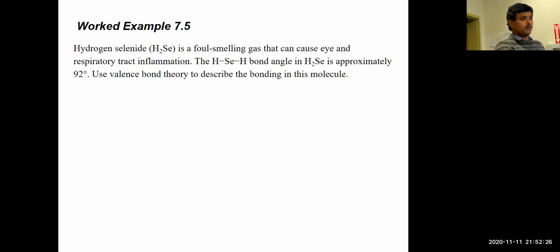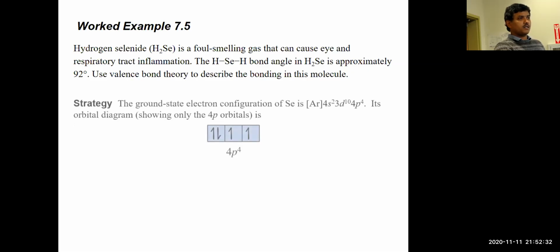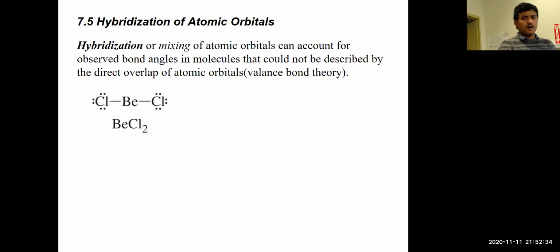In certain examples, it is not able to correctly predict the bond angle, because it just uses the orbitals from the electronic configuration as they are, which have a fixed orientation. So there comes the issue.